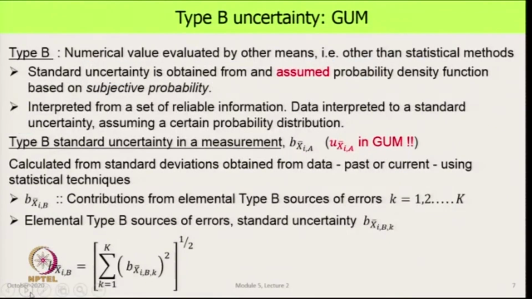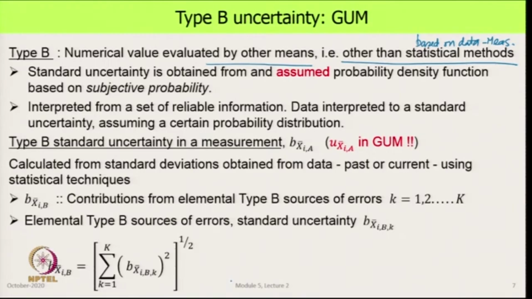Type B uncertainty is somewhat different. So, in type B, the numerical value of the uncertainty is evaluated by what is written as other means. That means, other than statistical methods based on recorded data, and by data we mean measurement data.